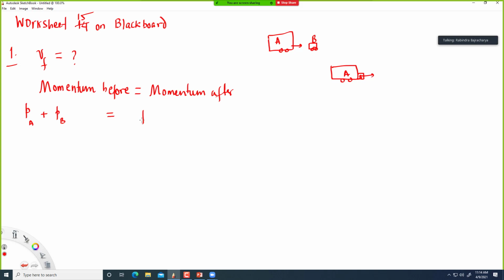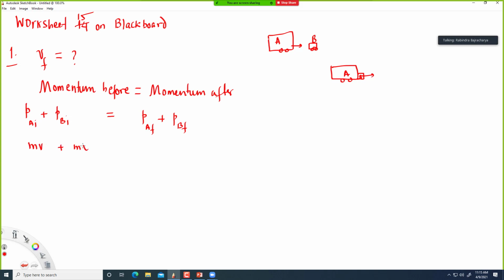Momentum after collision is momentum of A plus momentum of B. This is initial, so I. This is final, so F. Momentum of A initial is mass times velocity.